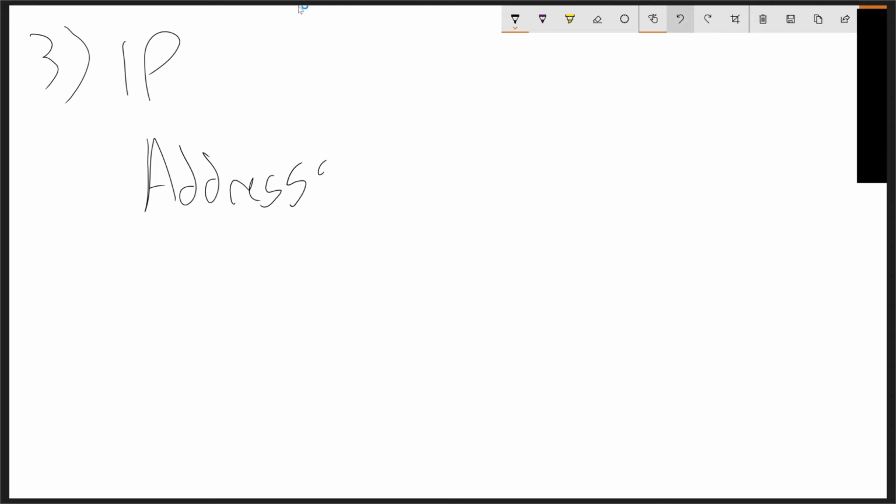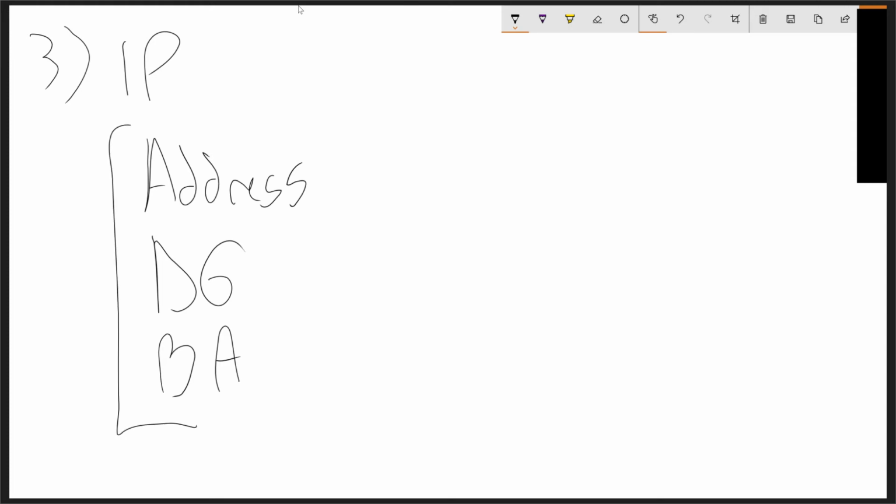Now, an IP address consists of three main parts. The address itself, the default gateway and the broadcast address. So if you are setting a static address, which we'll talk about static and dynamic in just a second, you're going to enter an address that is within the range.